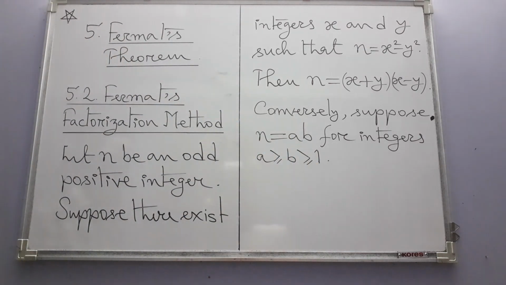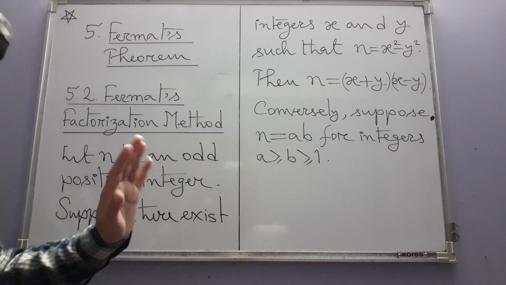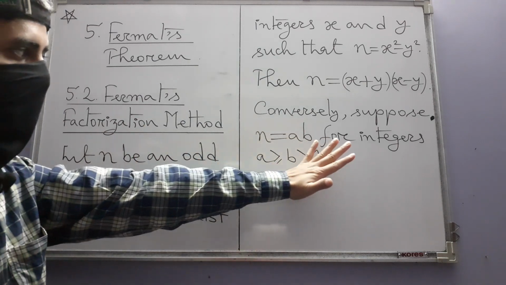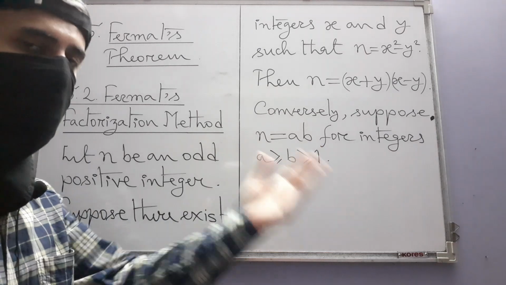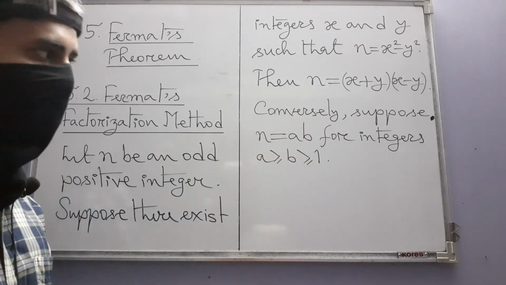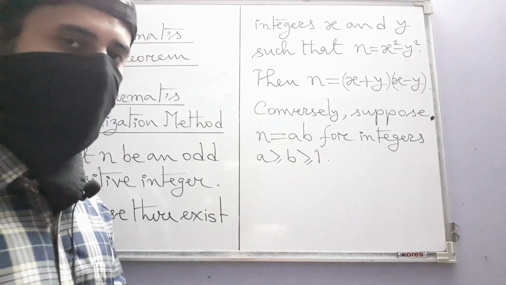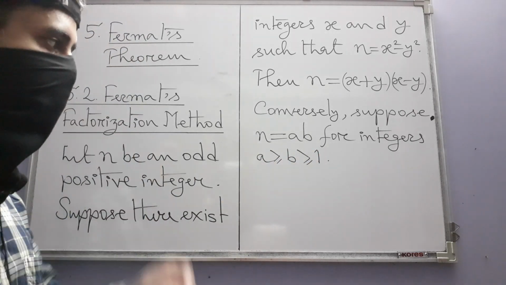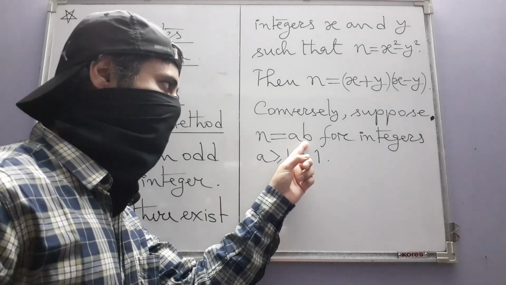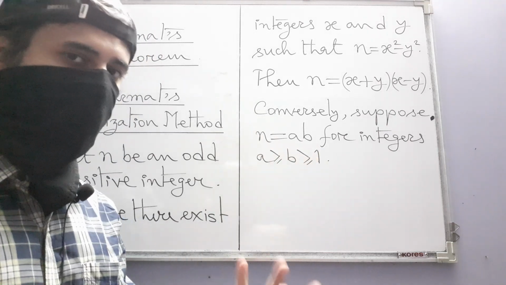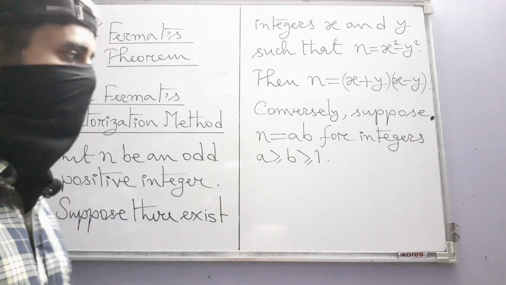satisfy these inequalities. Here also we are not saying n is composite or anything, we are just saying that n has an expression which looks like a factorization. That may be non-trivial, that may be trivial, that will depend on a and b. Okay? Because you can see that here you may have b equal to 1, then a is equal to n, and you have a trivial factorization.